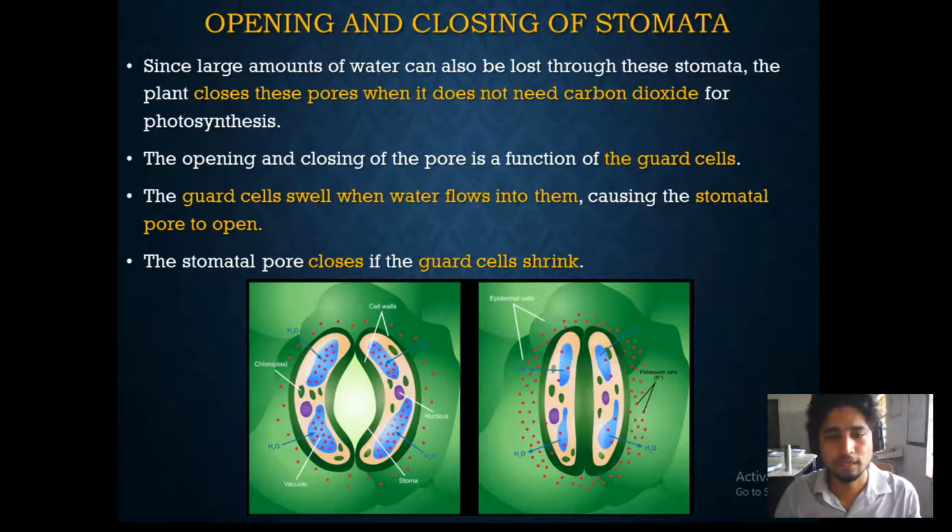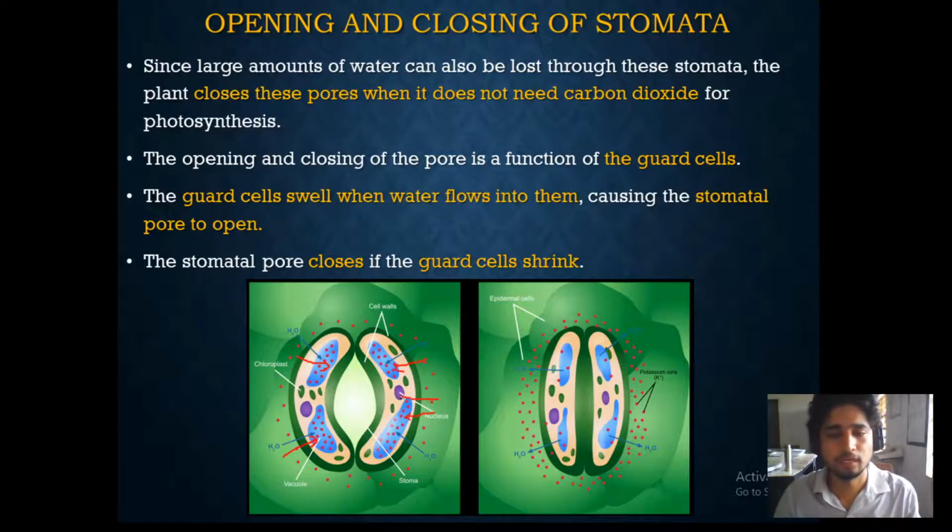there is water here. The blue patch here is water. So they have a lot of water here. These guard cells get water from the adjacent cells. When they have enough water all over the plant, these guard cells also get a lot of water from the adjacent cells.